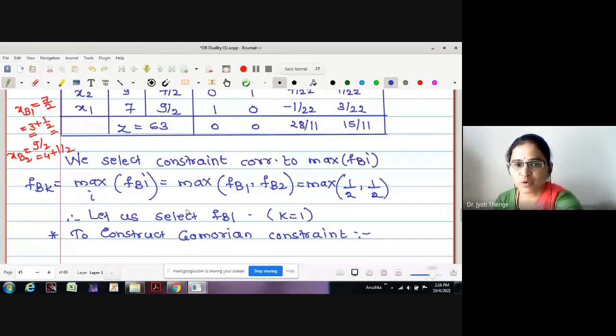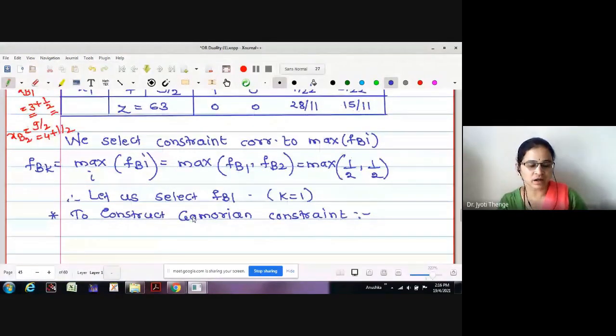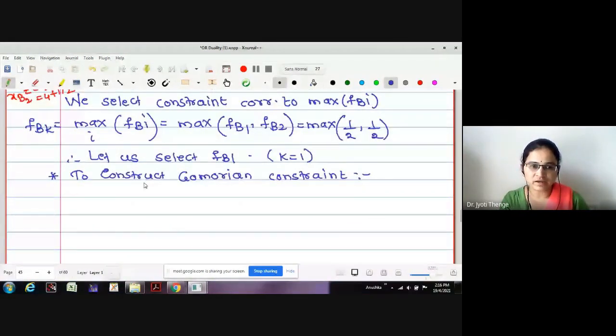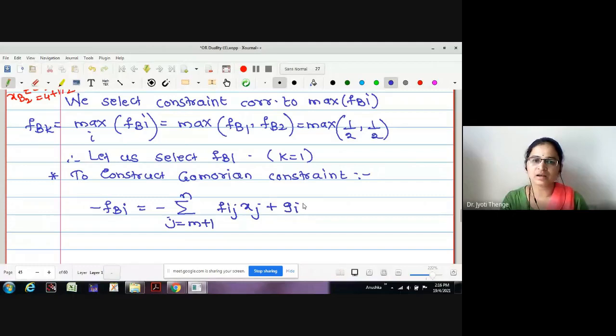The constraint is: minus FBi is equal to minus summation j equals m plus 1 to n of Fij xj, plus the added variable gi. What is the value of i we are selecting here? The first row, no? Therefore, let me write all the values.